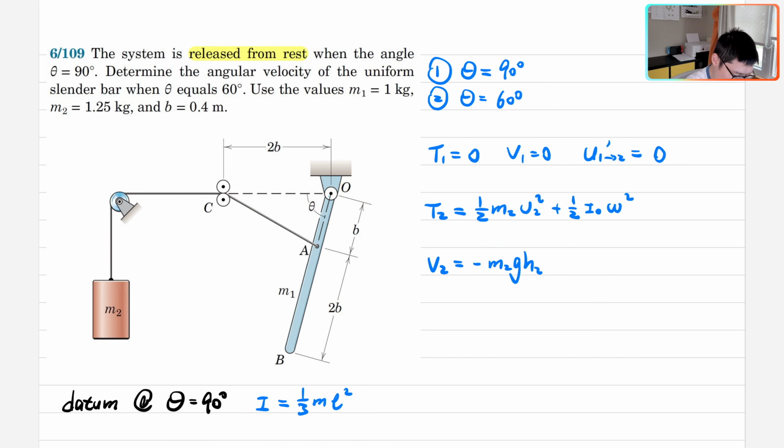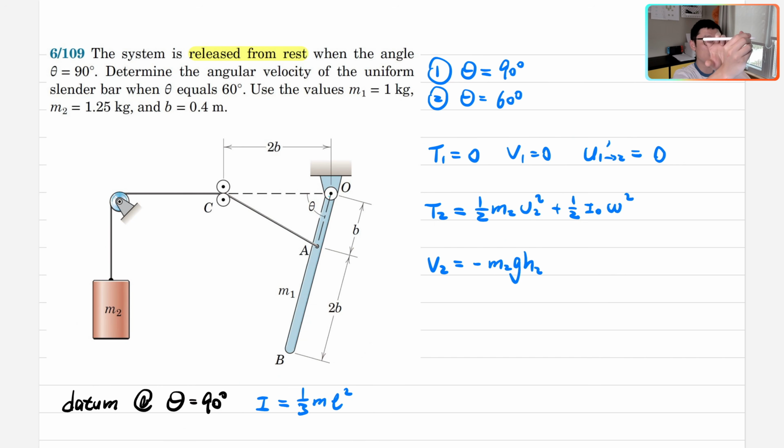And then for M1, look at M1. Should M1 have a positive change in potential energy or negative change? This is when you want to look at where the mass center is. In this case, the change is very small. Mass center is here, and when you lift up, think about if you lift all the way from 90 degrees, your mass center was here, and then all the way up to here.